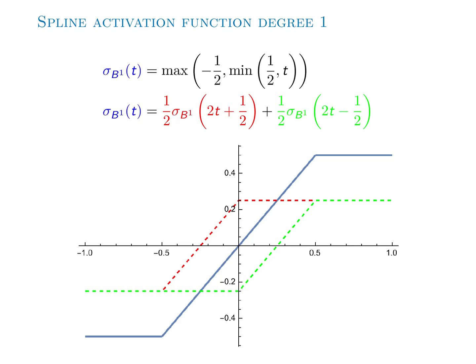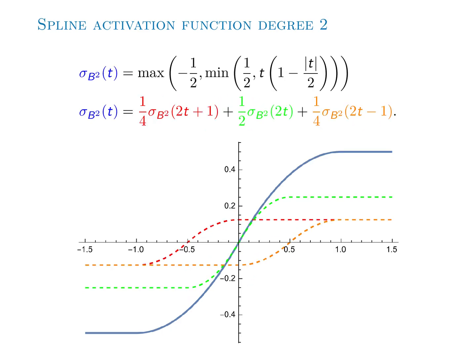At 0 it is equal to 0, and beyond the value 0.5 it is thresholded. We see in the second formula that it certainly fulfills this refinability property, which graphically can be shown here, where the red line plus the green line will return exactly the blue line.